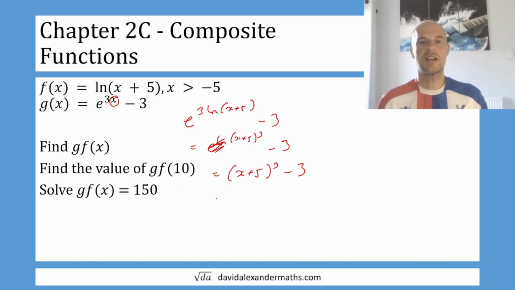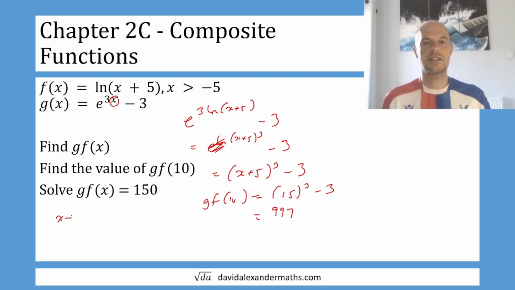So we want the gf of 10, so therefore the gf of 10 is going to be 10 plus 5, or 15 cubed take away 3, and 15 cubed take away 3 is 997. And for the third part, the gf of x is 150, so what we want is x plus 5 cubed minus 3 equals 150. So once we've done the first part, parts 2 and 3 are pretty straightforward, so I'm just going to add 3.